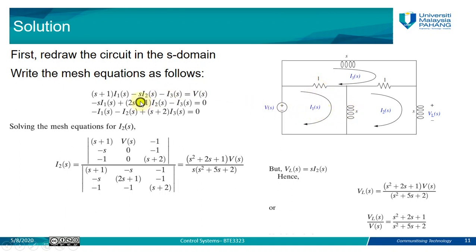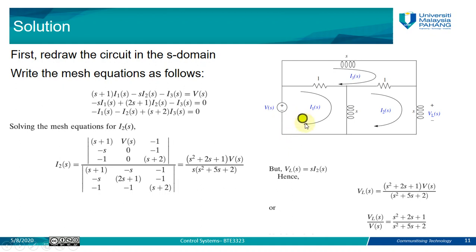So we have minus s I2, minus I3, and on the right side we write the applied voltage on this loop. We have only one voltage source, so we just write Vs. This is how to write the mesh equation.